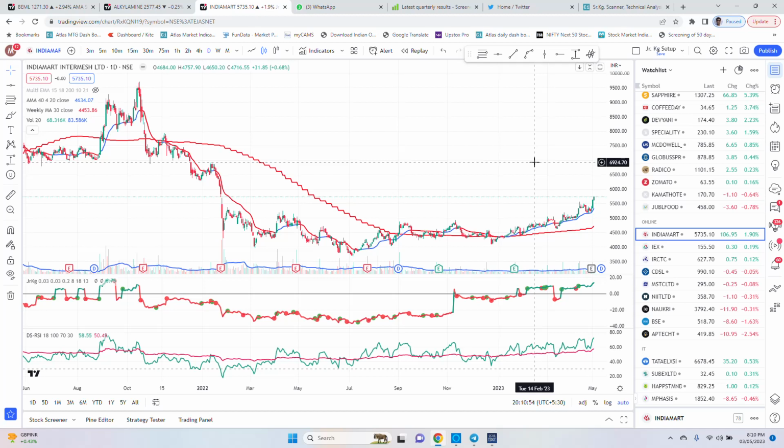wherein it has usually been seen that, unfortunately, the poor retail people will be stuck. Because at the top, as the stock keeps going up, all the retailers will start buying because of the FOMO, considering that there is a big rally.